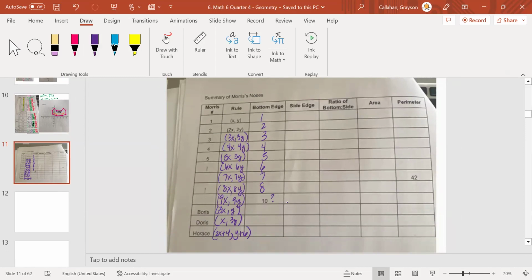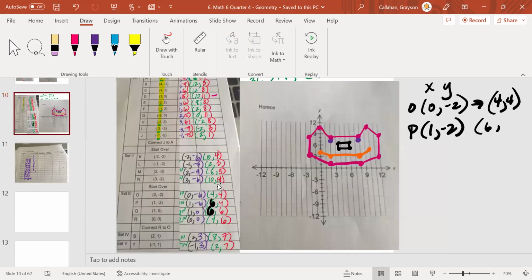So what about the bottom edge for Boris? Look at Boris. This one is Horace. So the bottom edge is, okay, so from here it's 1, 2, right? The nose is from 4, 4.